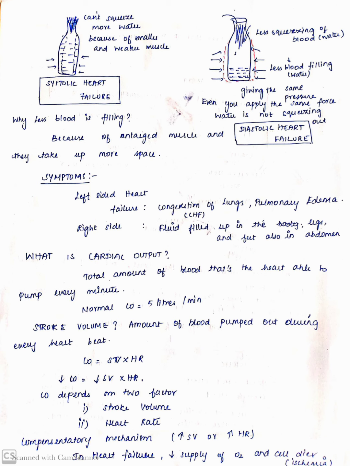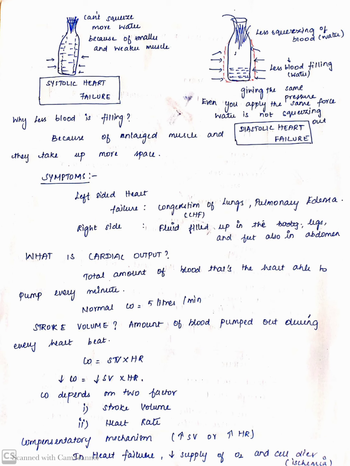It's every heartbeat, which differs from the cardiac output. What is the relation between the stroke volume and the cardiac output? The cardiac output is equal to the multiplication of the stroke volume and the heart rate. So it's equal to 5 liters per minute.